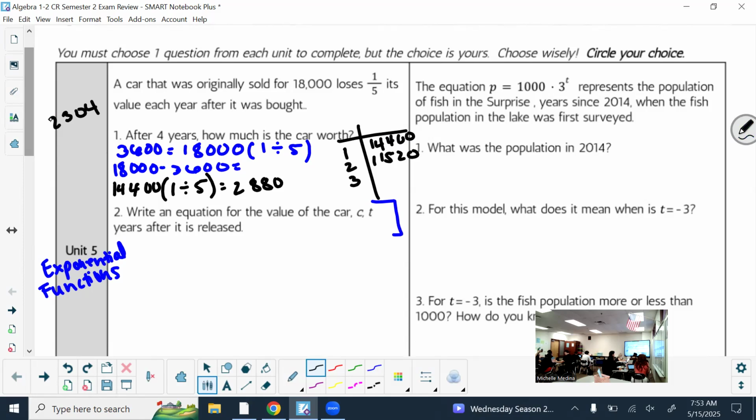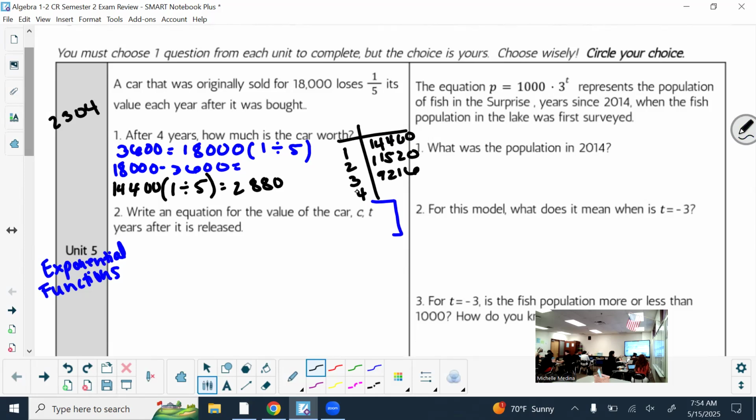I need to subtract that from the 11,520. I get 9,216. But we want it for after 4 years, so I'm going to do it again. So times 1/5.